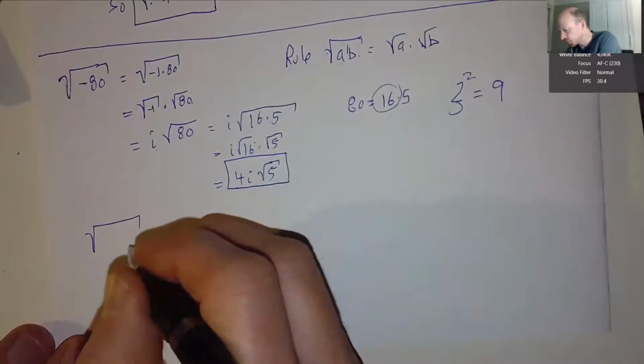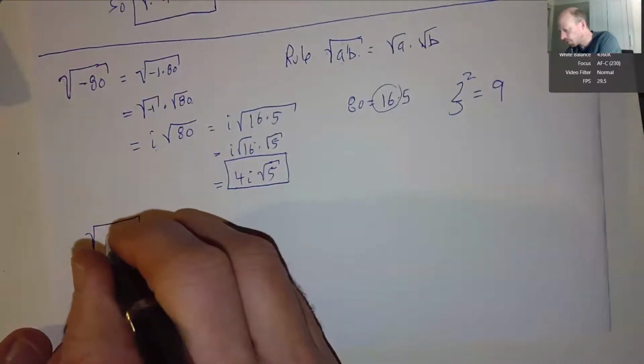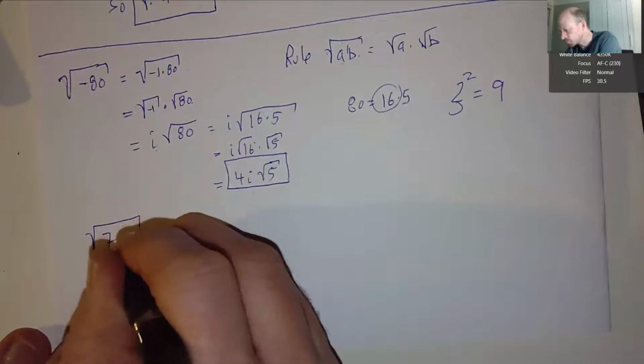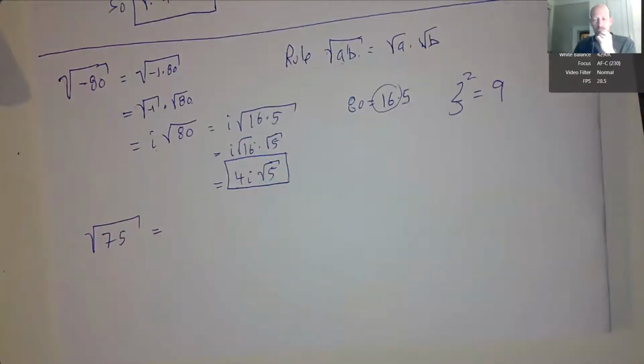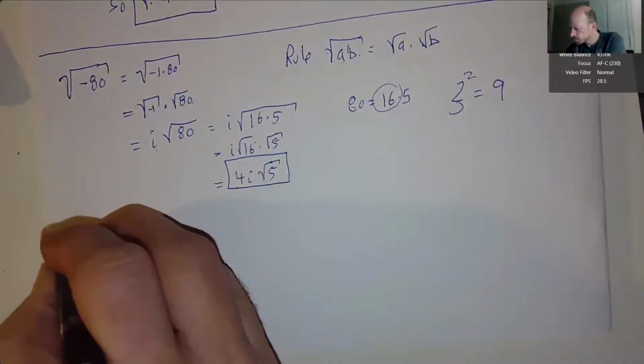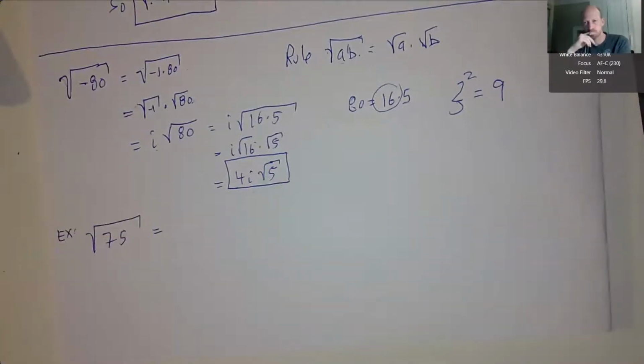The square root of 75. Well, again, there's nothing that is exactly the square root of 75 that we know, a nice integer number.